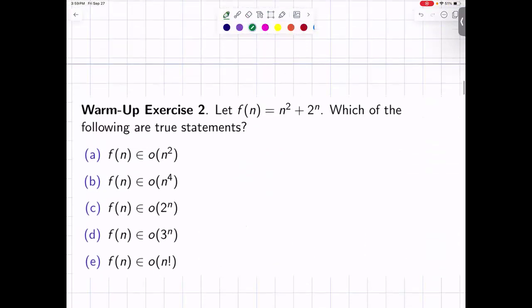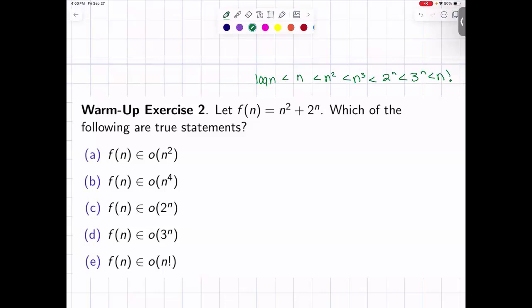Now, a reminder about that hierarchy where we had log n is less than n is less than n squared is less than n cubed is less than 2 to the n is less than 3 to the n is less than n factorial, etc. We can see how this will start to all come together here, because it's important for us to remember this hierarchy of functions so that we can accurately determine how to classify our algorithms.